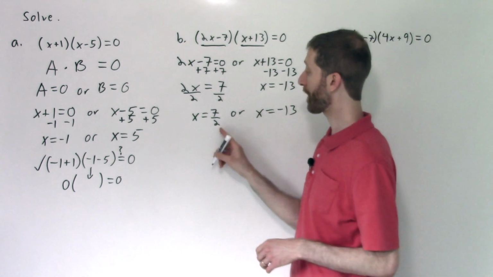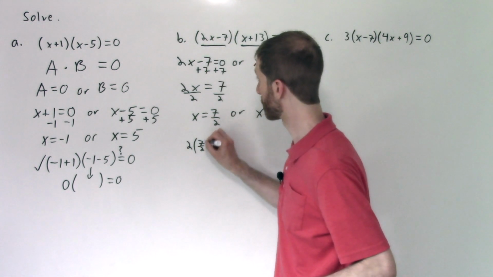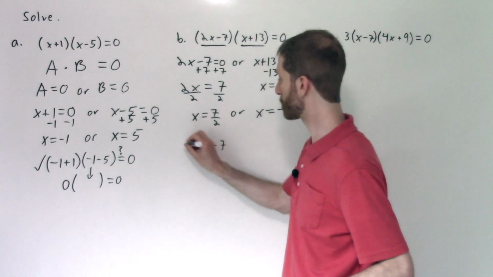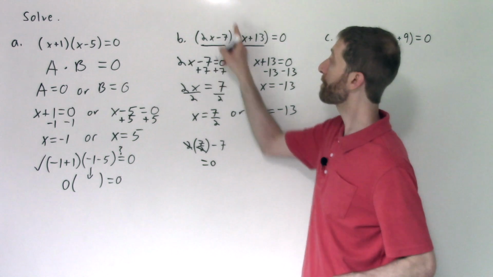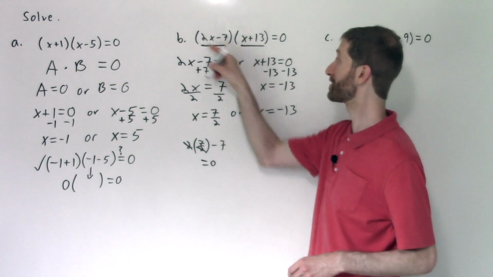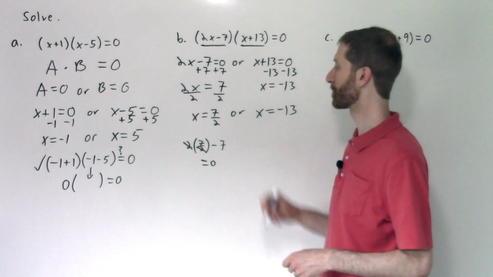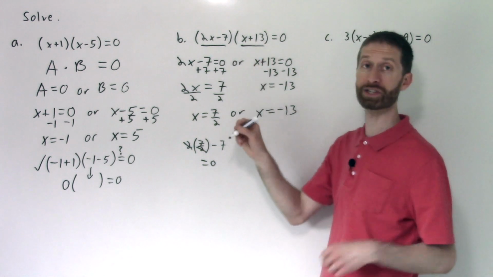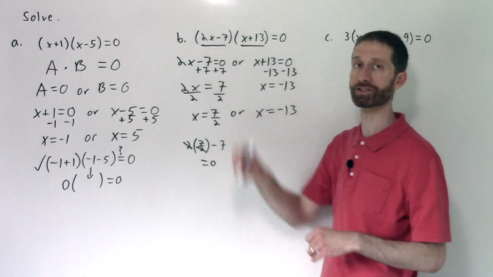And sure enough, if I were to plug 7 halves into there, just to check it, 2 times 7 halves minus 7, the 2's would divide out, leaving you with 7 minus 7, which is 0. So all of that becomes 0 when x is 7 halves, and 0 times 7 halves plus 13, don't care what that number is, it's equal to 0. Negative 13 plus 13 is 0, times whatever number that is when we plug in negative 13, is still 0.